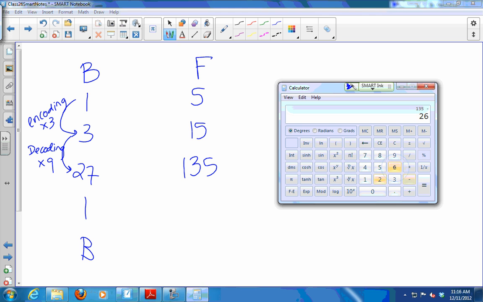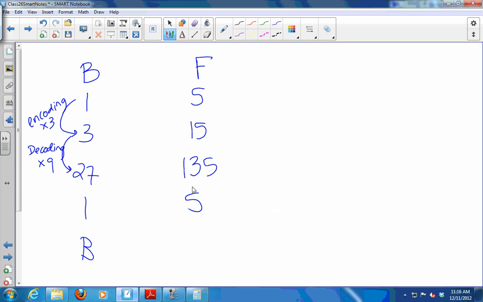Minus 26, still too big. Minus 26, till you get below 26. 5, which is back to F. So multiplying by 3 and then multiplying by 9 always brings you back to where you started. That gives you the round trip. It encodes as one letter and then decodes back to F.